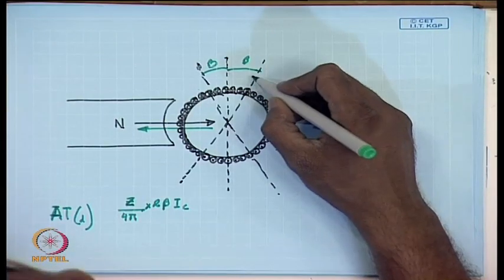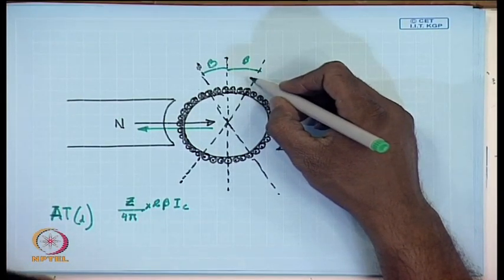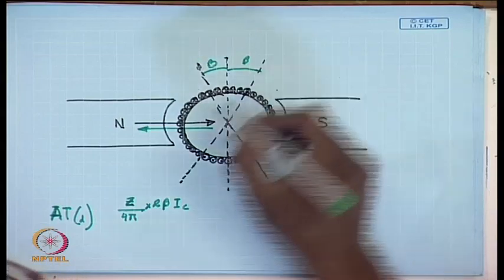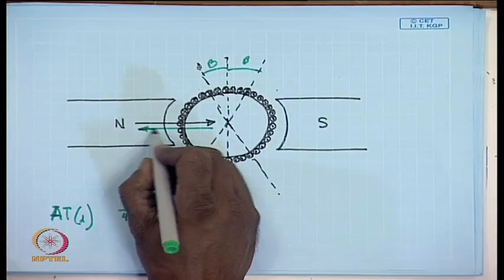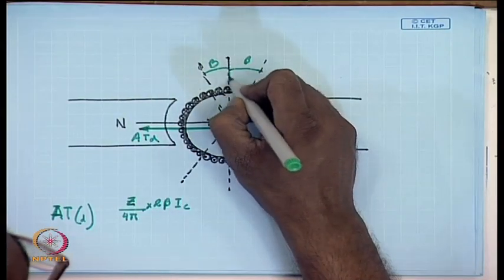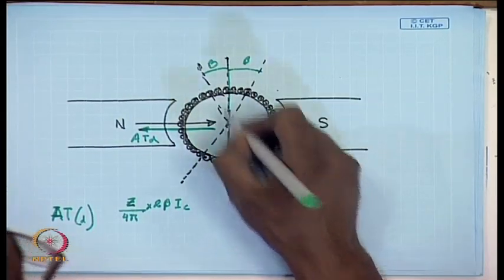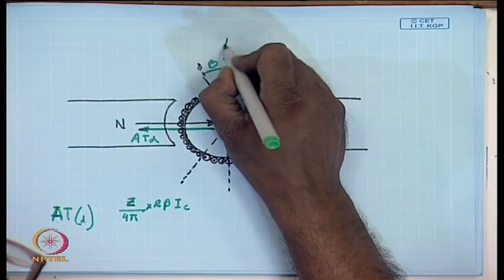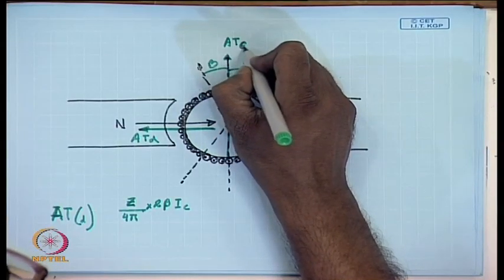So, due to brush shift there will be demagnetizing ampere turns, that is the total ampere turns, this is the AT demagnetizing, and this is what is called the cross magnetizing ampere turns.